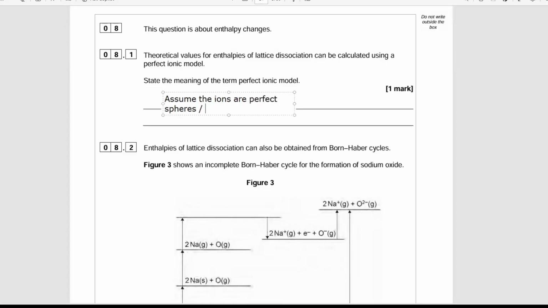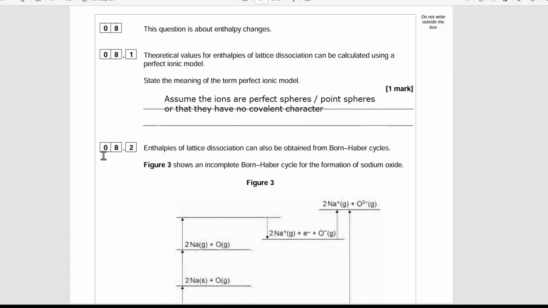You can use the word point spheres, so they are perfectly spherical, or that they have no covalent character. So they're perfect ion spheres with a distance between them. They don't have a shared pair of electrons or anything like that. Okay. Let's move on to the next part.